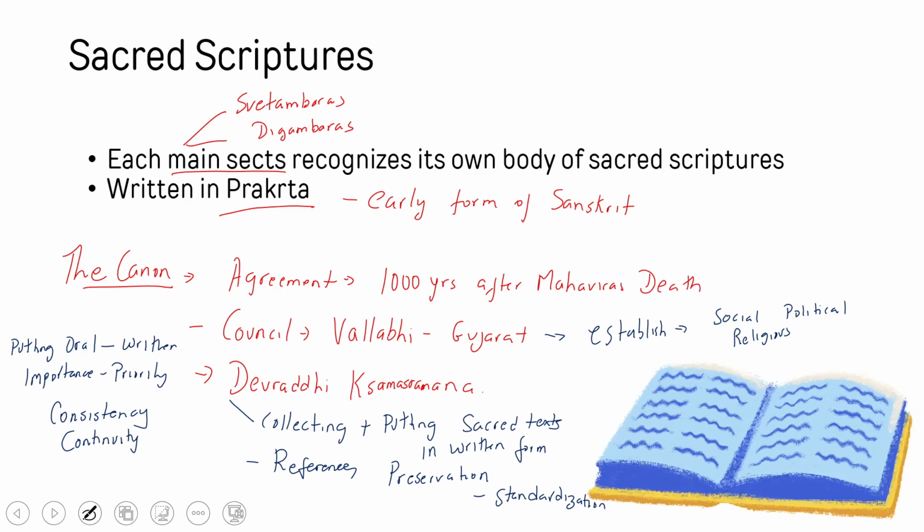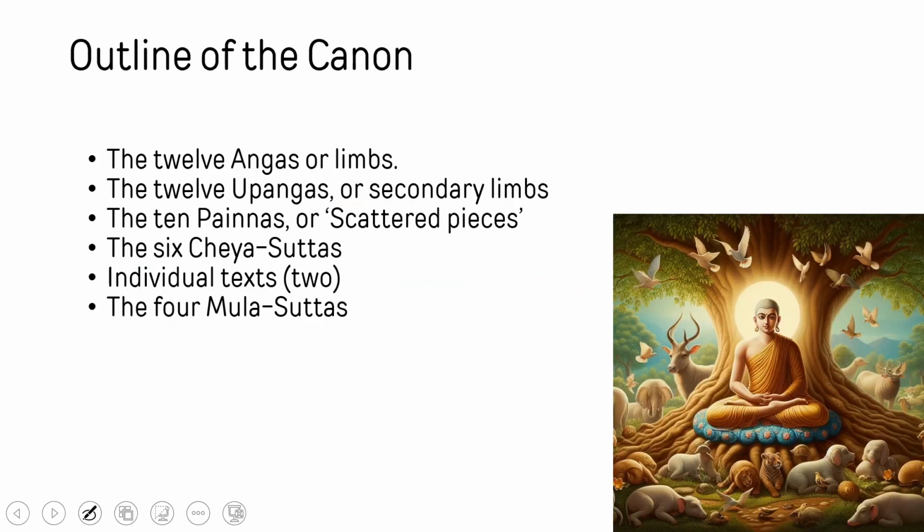So in this way we see that this council had a lot of significance, especially when it comes to the sacred scriptures of the Jaina religion. Let's take a look at the outline. We said that the canon was divided into six. First and foremost we have the 12 Angas or the limbs.